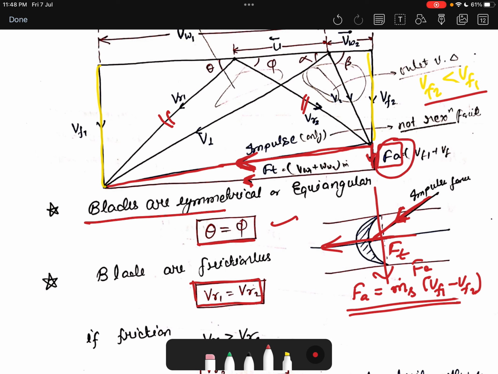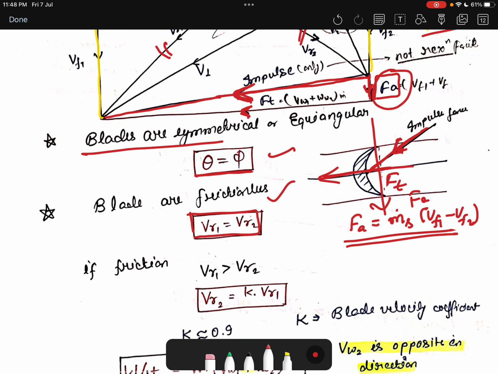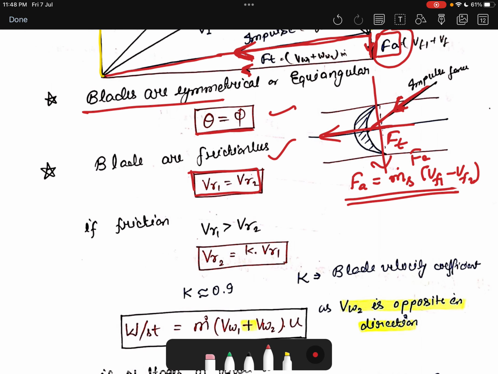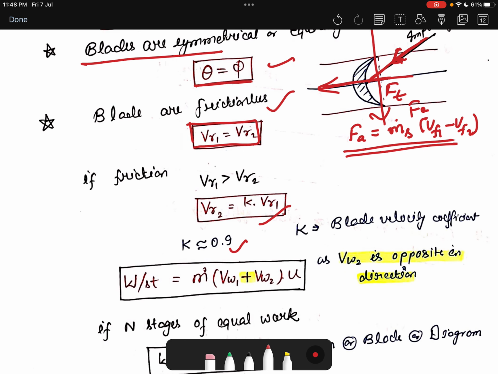Because of this distance. If friction is null, then Vr2 is equal to Vr1; otherwise Vr2 is equal to K Vr1. Practically K is equal to 0.9, which is called the blade velocity coefficient.